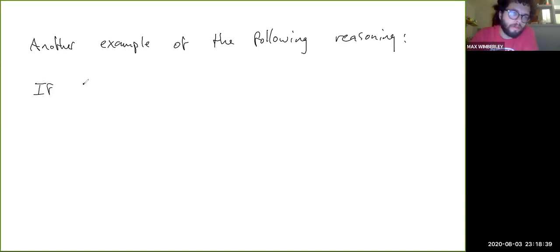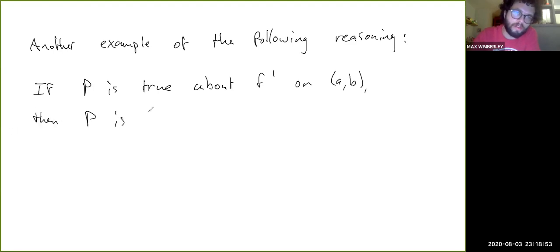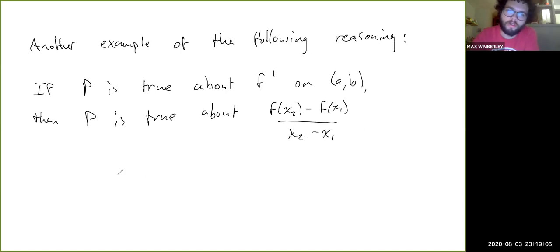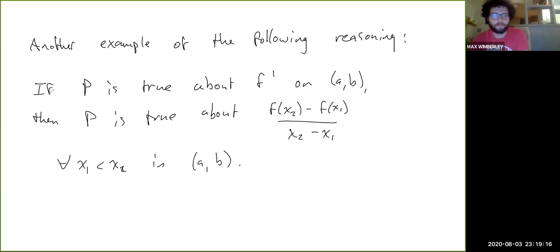If P is true, P is some property or statement about f prime on AB, then P is true about f of x2 minus f of x1 over x2 minus x1 for all x1 less than x2 in AB, right? So yeah, this kind of reasoning can take you pretty far, I'll say.